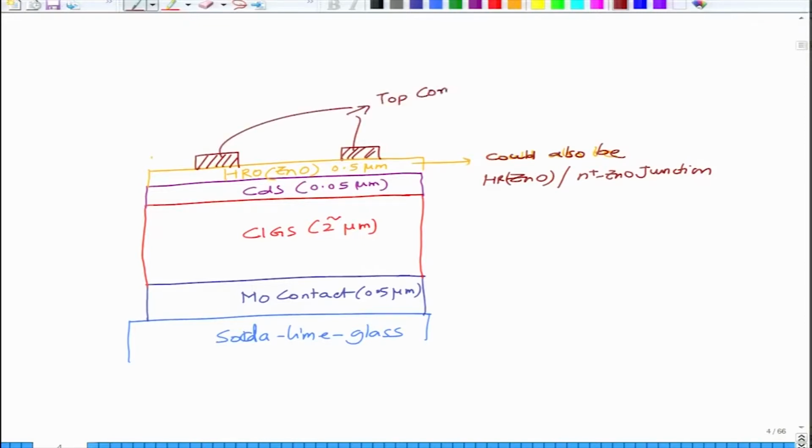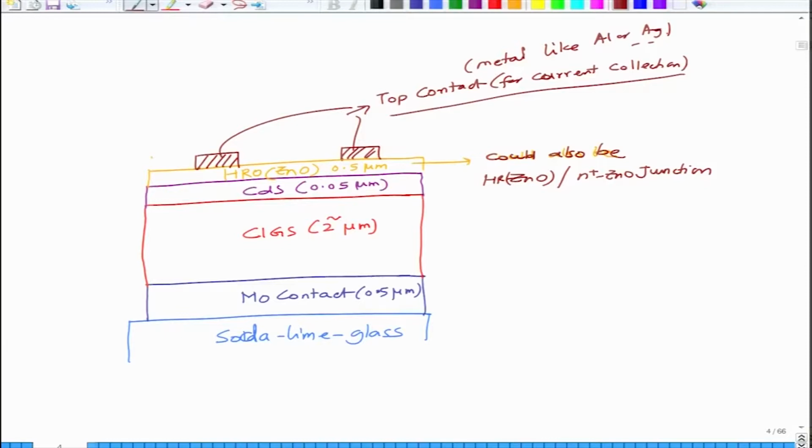Top contacts, you can say this for current collection, which could be a metal like aluminum. You can use aluminum on top. It could be a metal like aluminum, or silver. Various other metals are possible.